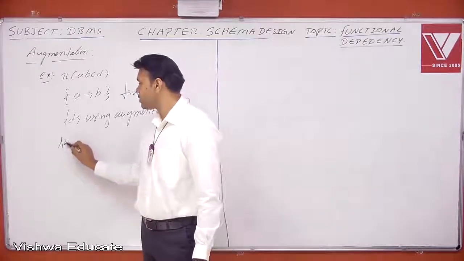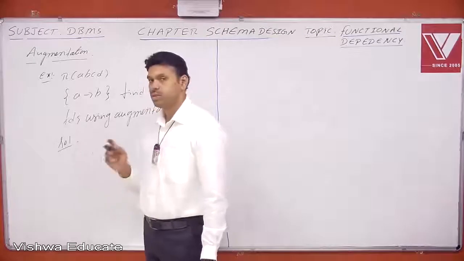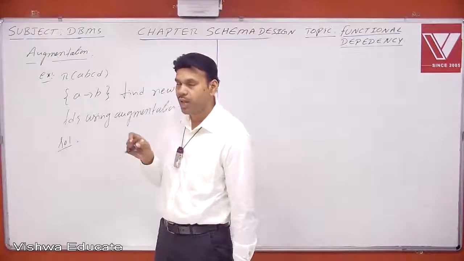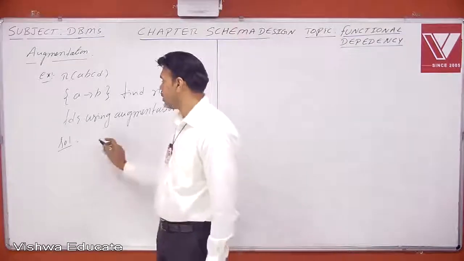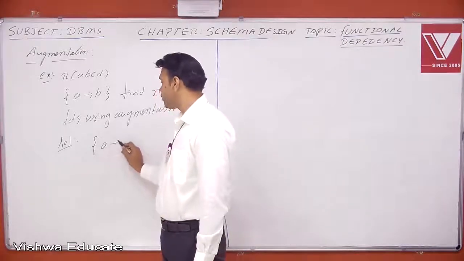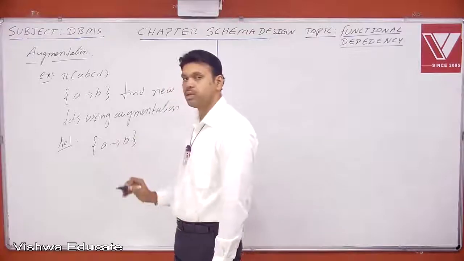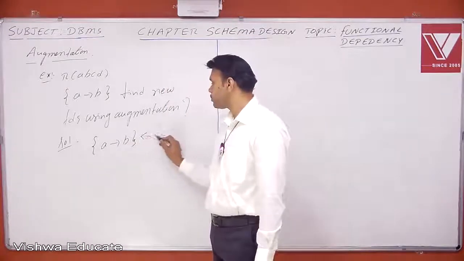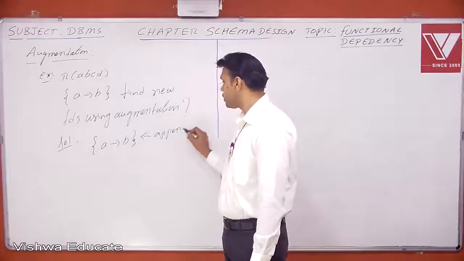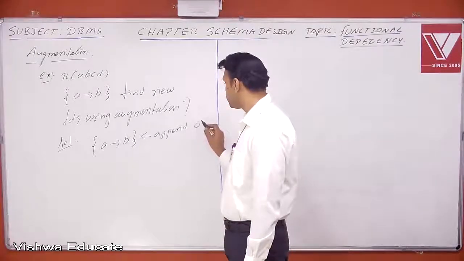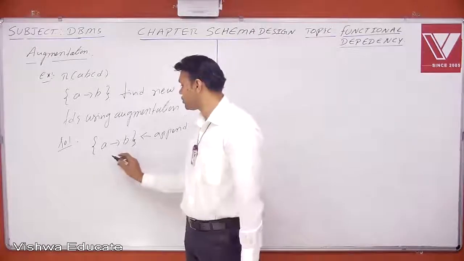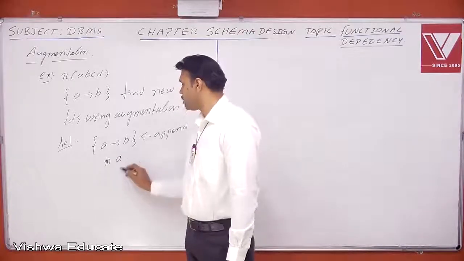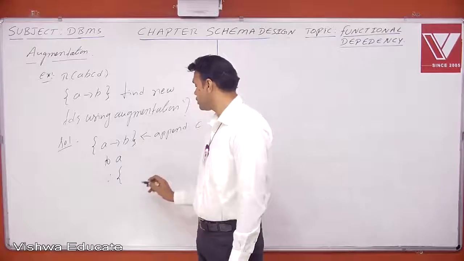So the solution: let us append one attribute towards the left hand side. What is the given one? A tends to B is given. What to append? Append C to A. So what did you get?